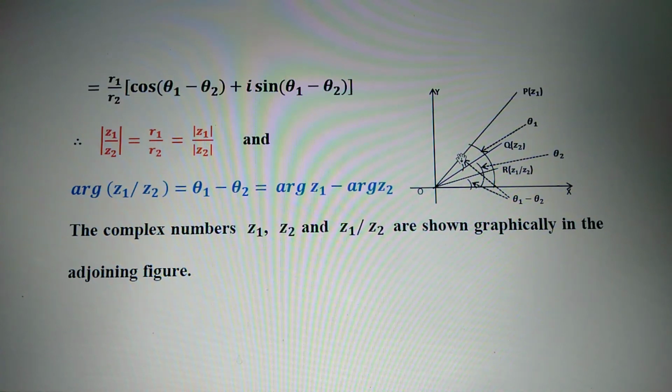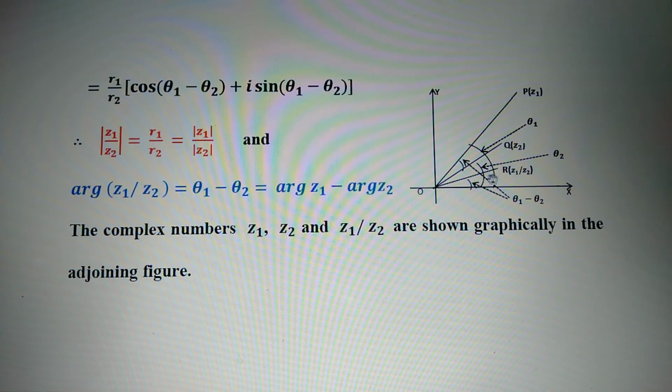Okay, but theta 1 minus theta 2 is the angle, meaning this angle minus this angle, that means this angle. This is theta 1 minus theta 2. So this is the amplitude of Z1 by Z2. Z1 by Z2 makes an angle theta 1 minus theta 2, and therefore this is the line joining the complex number Z1 by Z2.